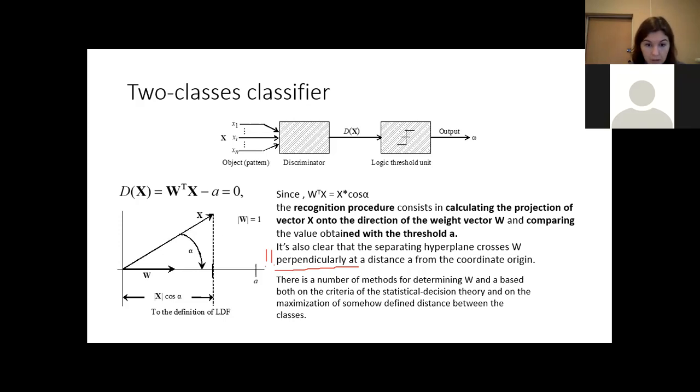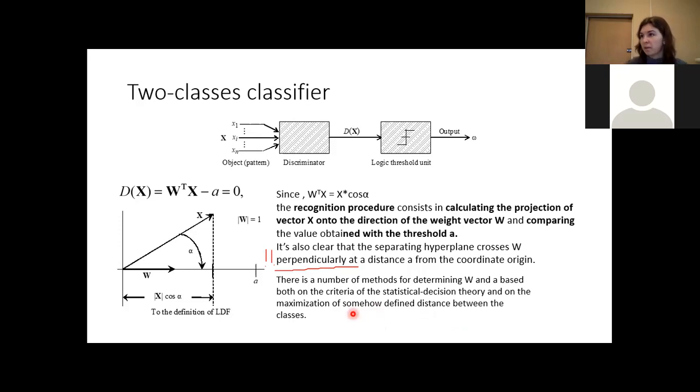And there are a lot of methods to determine the weight vector, based both on the criteria of statistical decision theory and on the maximization of somehow defined distance between classes.